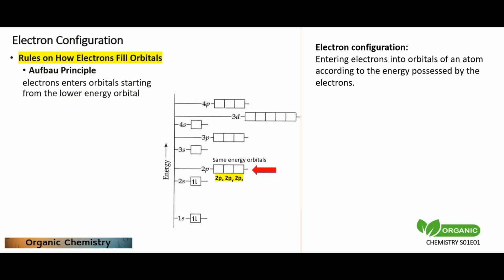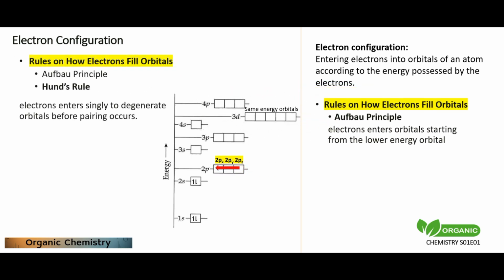But if the orbitals are of the same energy, as in 2px, 2py, and 2pz orbitals of subshell, we follow a different rule called Hund's rule of maximum multiplicity. Hund's rule says that electrons enter the degenerate orbitals, which are orbitals of the same energy level, singly before pairing occurs.